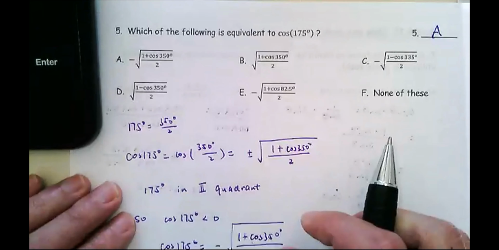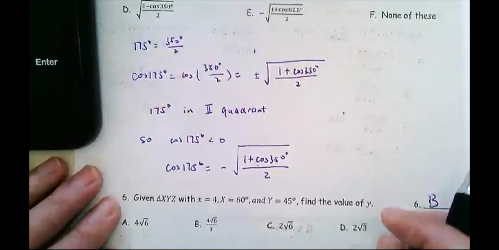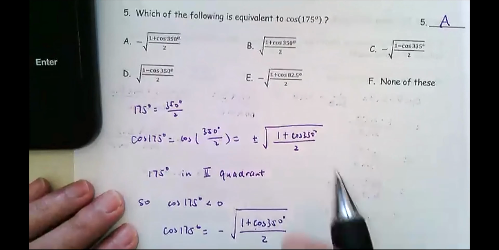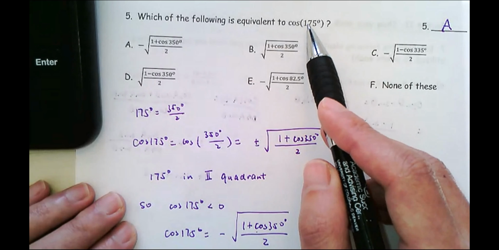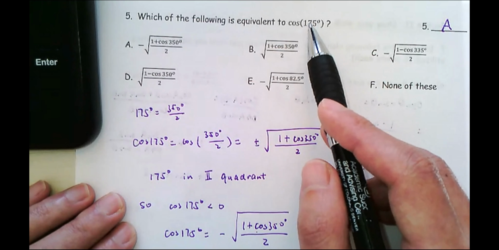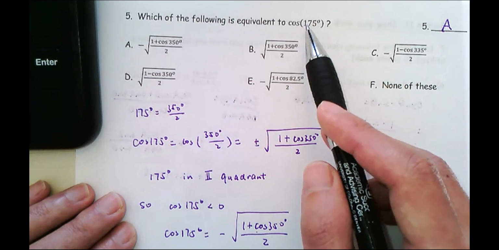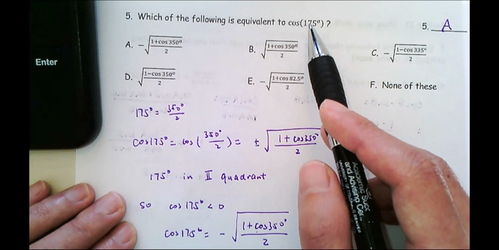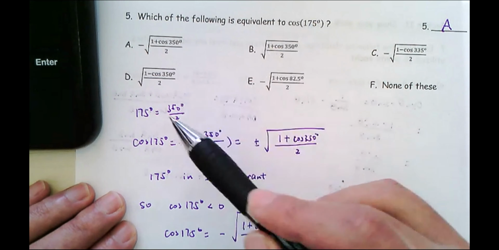Question 5. Anyone want me to do question 5, question 6? Did you go over number 5? Very good. Which of the following is equivalent to cosine 175? You notice that 175 is not a perfect angle to calculate. You need to turn to the half angle formula for help.